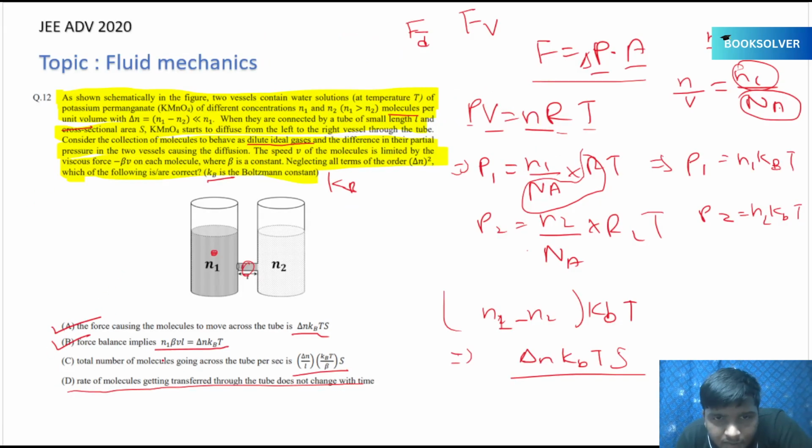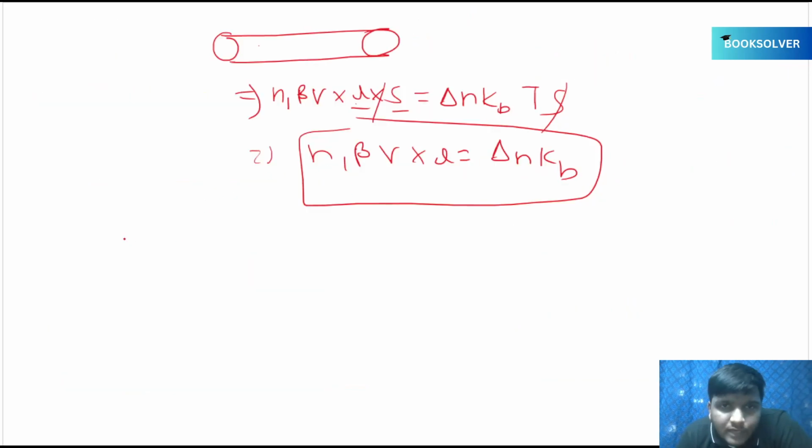Now moving on to option C. The total number of molecules going across the tube per second. How can we calculate it? Let's first define the total number of molecules.